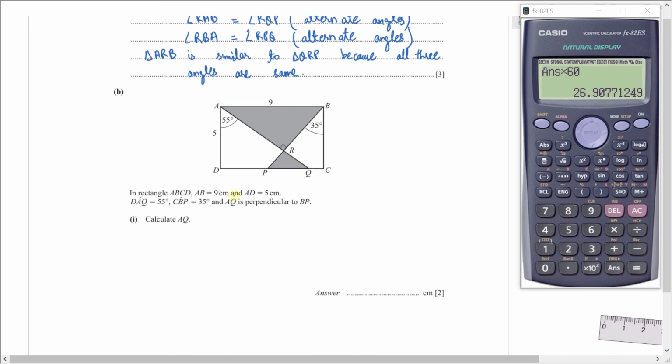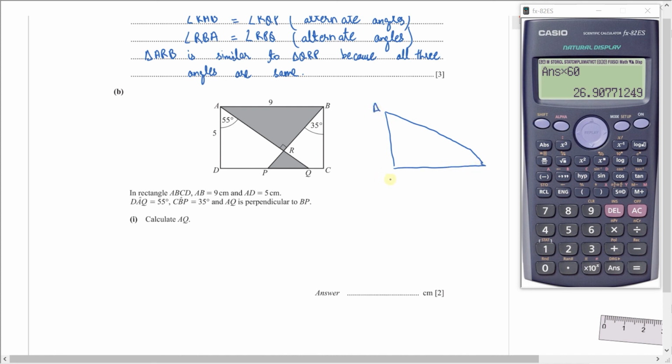The next part is in rectangle ABCD, you're given this length is 9, this is 5, these two angles are also given. The first part is calculate AQ. So AQ is this length. If you look at this triangle AQD, let me draw it separately outside.